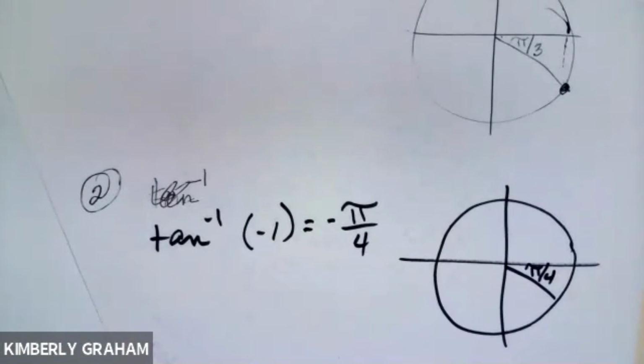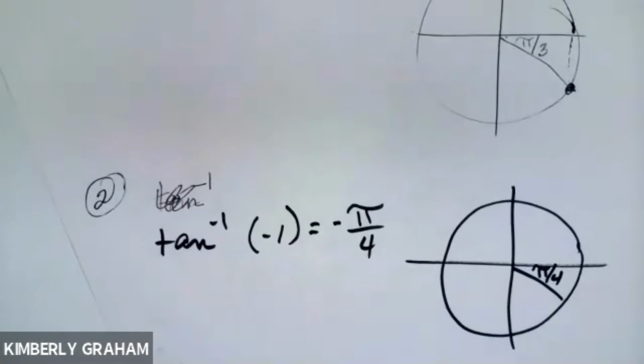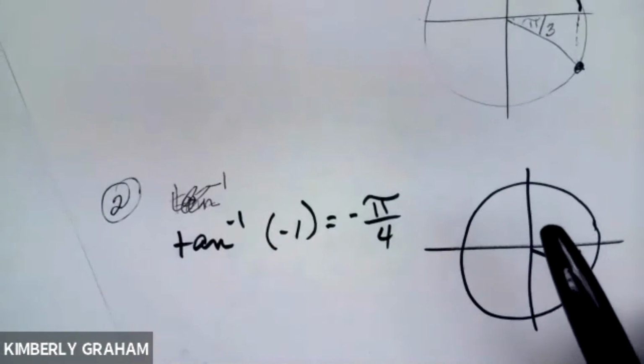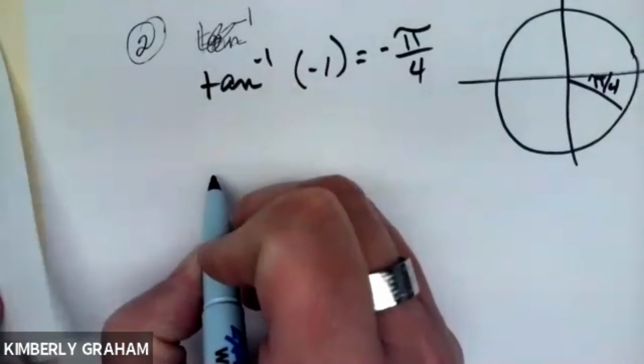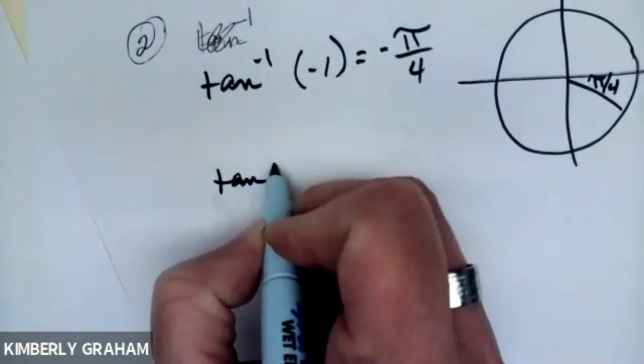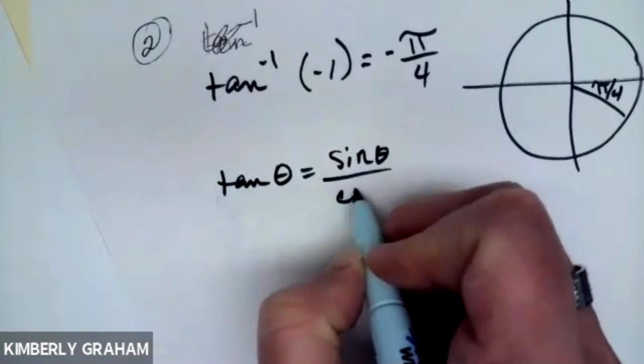And I think it's kind of important here that I stop for a second and talk a little bit about that value of 1. Remember that if I'm looking at tangent of theta, I could look at it as sine theta over cosine theta.